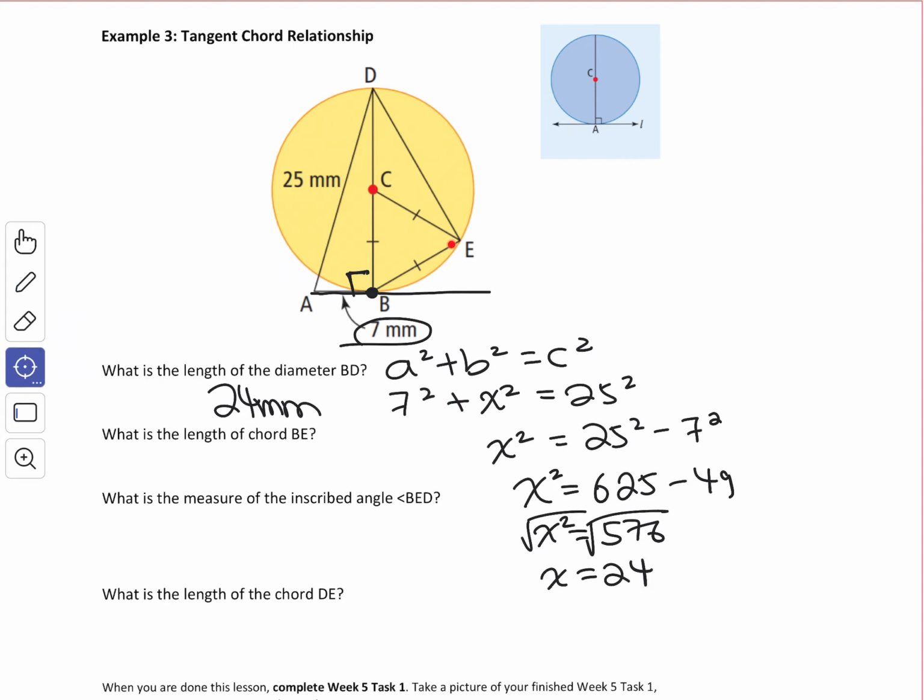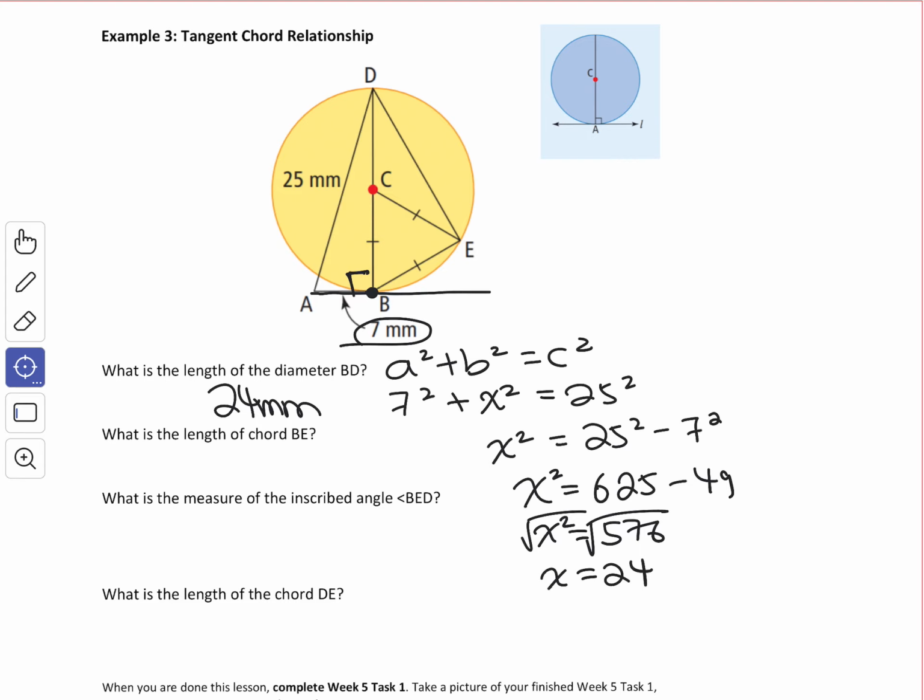Now let's look at the next part. It says, what is the length of the chord BE? Notice that it's indicated that BE is the same as CE is the same as BC. These little lines mean that these three sides are the same, so we can already tell this is an equilateral triangle.